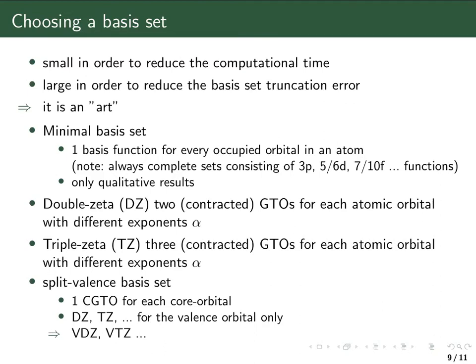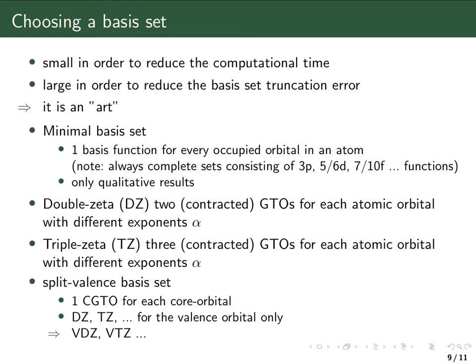Now, the starting point is what one calls a minimal basis set, which means one uses only one basis function for every occupied orbital in an atom. For example, for the carbon atom, one would have one contracted Gaussian function representing the 1s orbital, one contracted Gaussian function representing the 2s orbital, and then one set of three contracted Gaussian functions representing the three p orbitals.